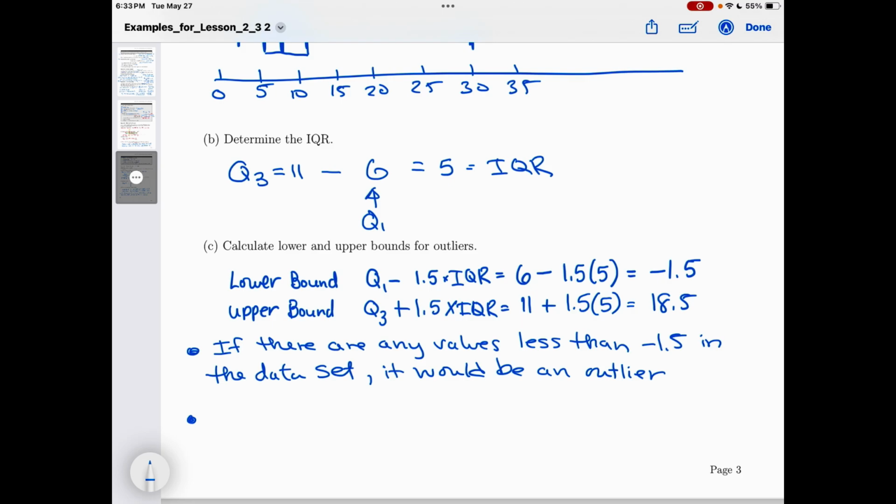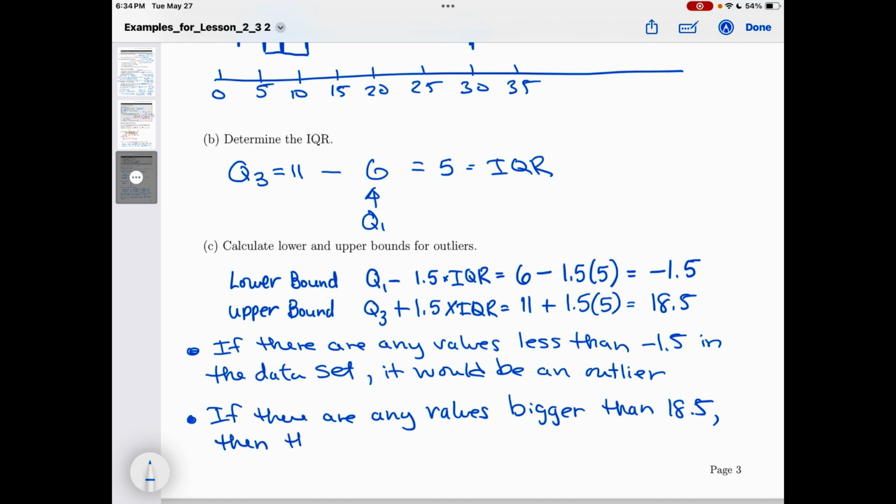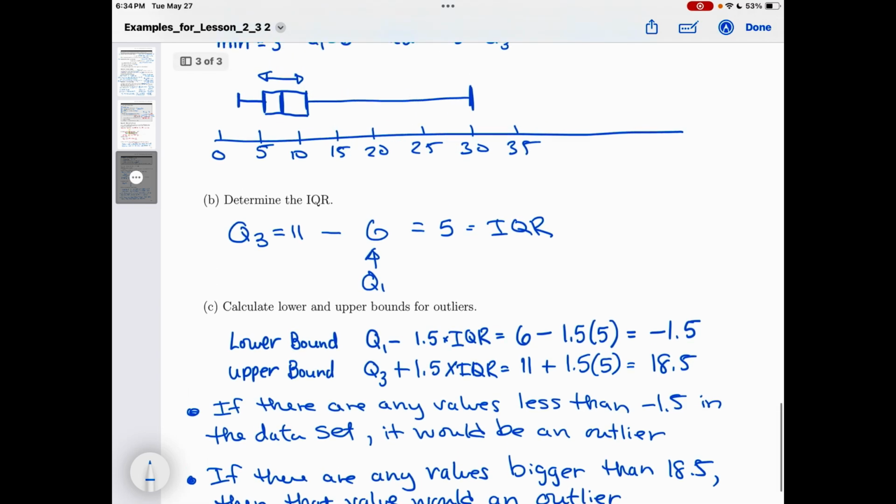Now, when you're checking it against the upper bound, if you have anything bigger than that upper bound, which we just calculated to be 18.5, then that value would be an outlier.